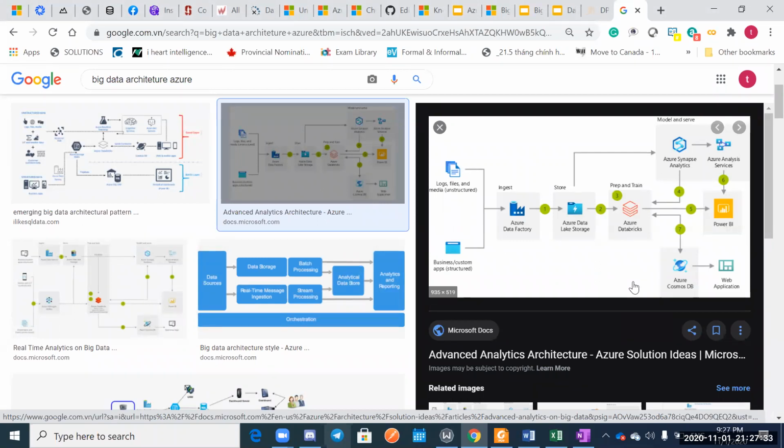Okay, so this is another architecture. You can see that unstructured and structured files go through Azure Data Factory. This is the ingest, which is the extract part, right? Then you have the load, which is the store part, and then this area is the transformation part.